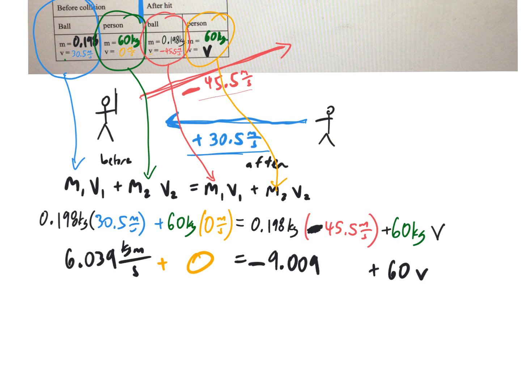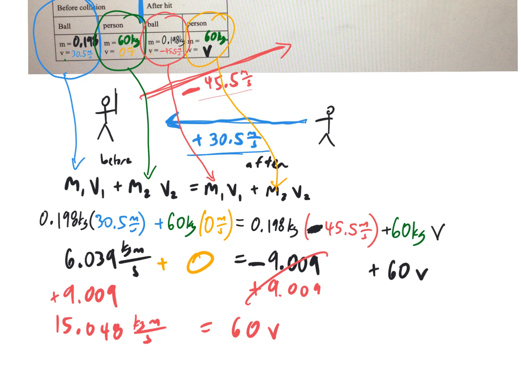All right, now to solve, I'm going to add 9.009 to both sides. That'll cancel these out. And when I add that, 15.048 kilograms meters per second equals 60v.